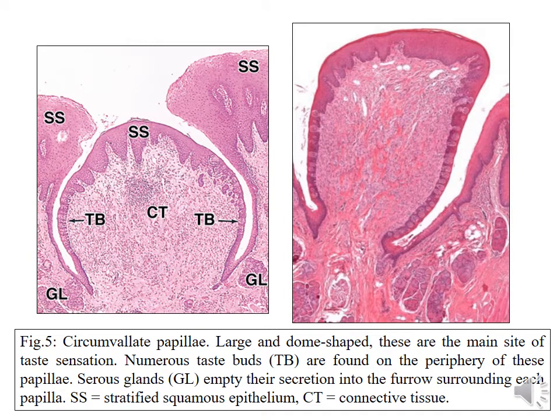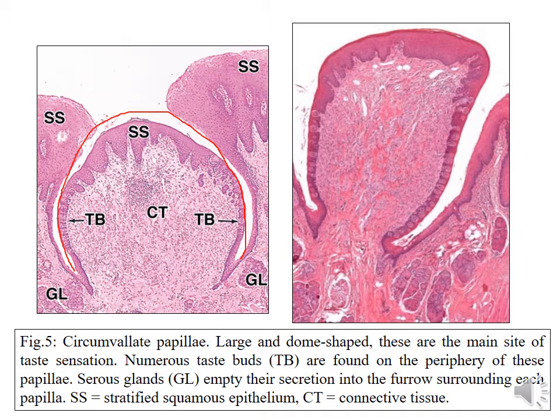The last type of papillae is the circumvallate papillae. These are the least numerous, but they are the most important. These are large and dome-shaped, as can be seen from the image. These are the main site of taste sensation.